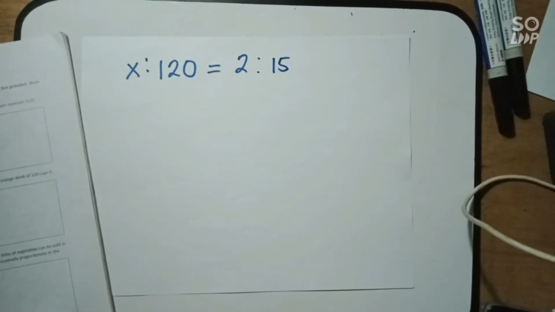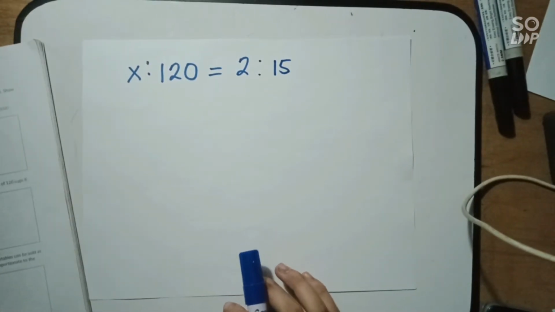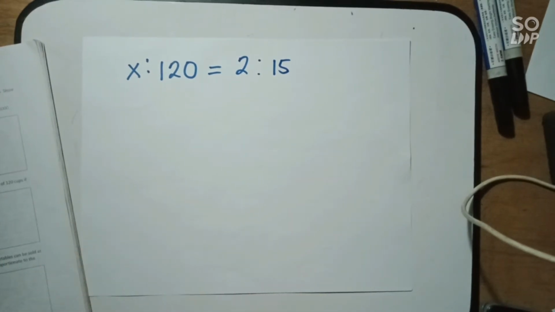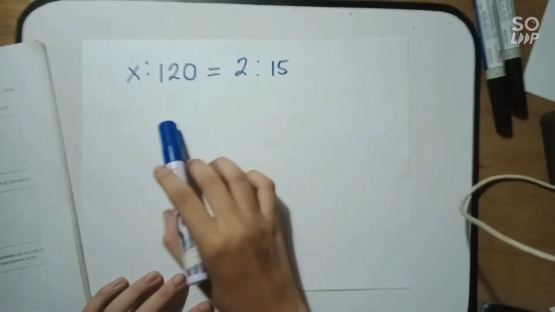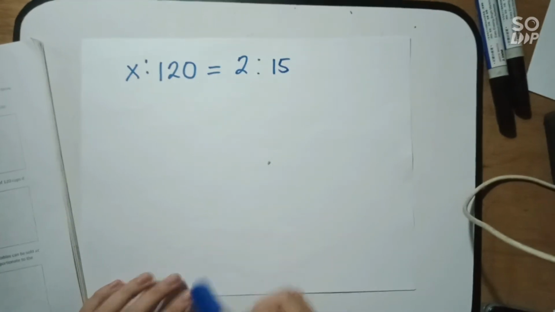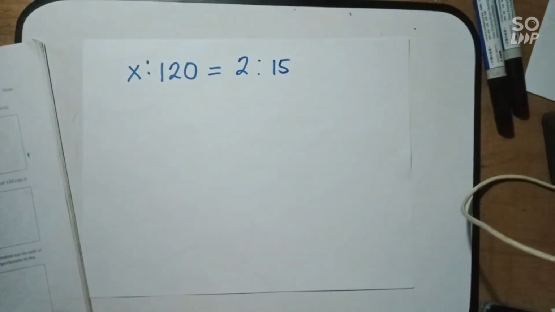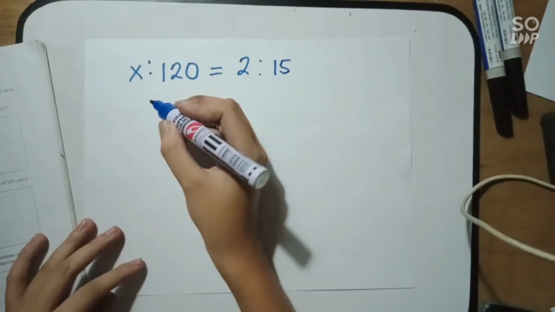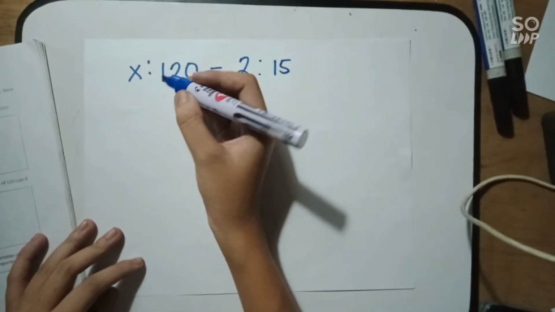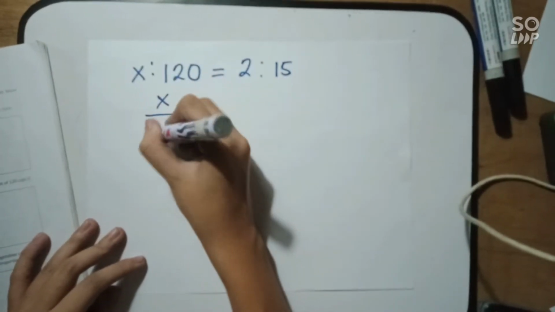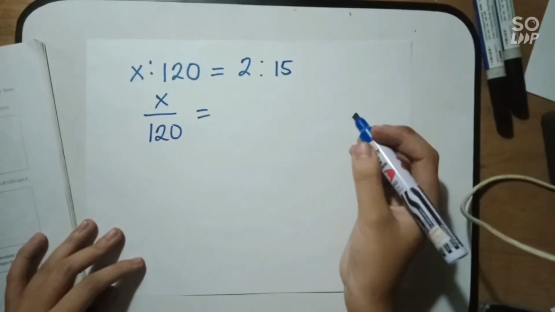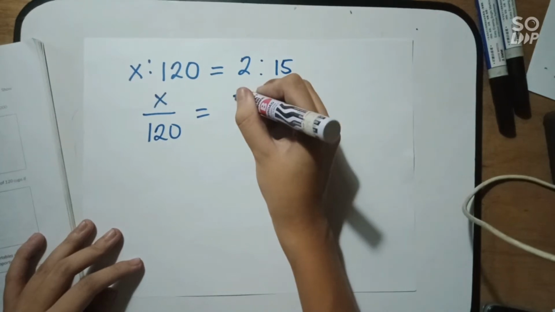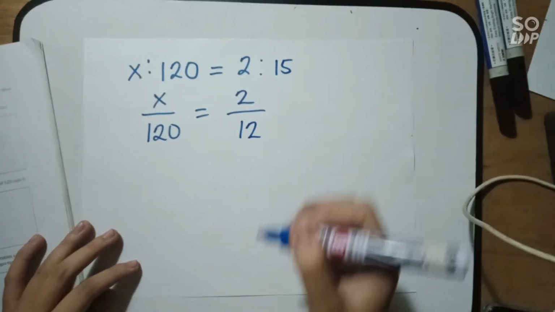So in solving a direct proportion, we first express this ratio in fraction form. So x is to 120 is expressed as x over 120 equals 2:15 expressed in fraction form as 2/15.